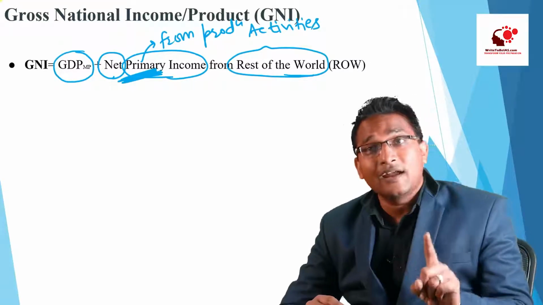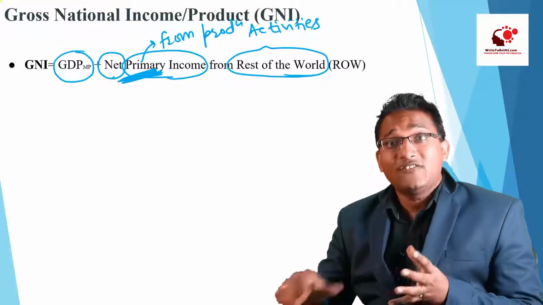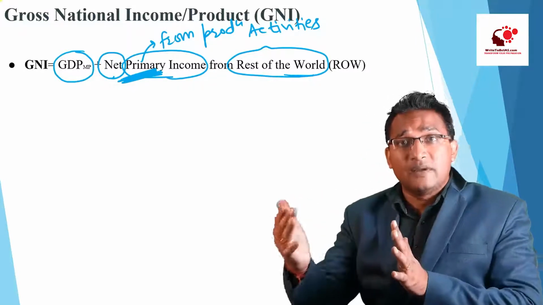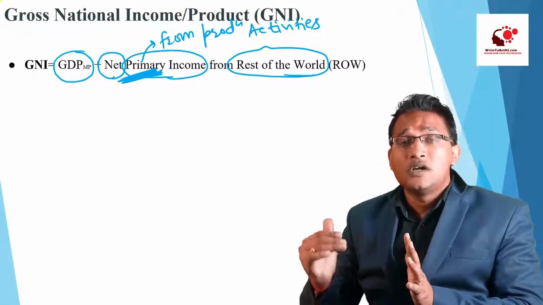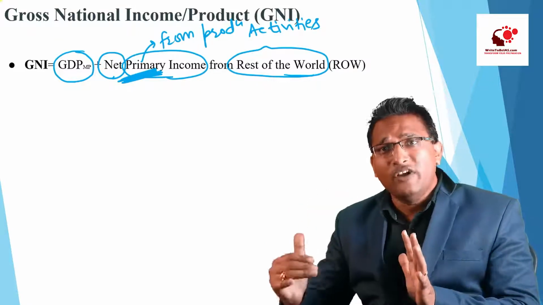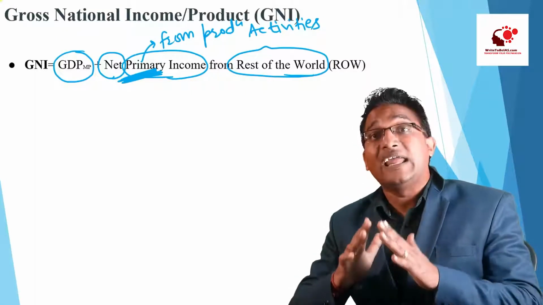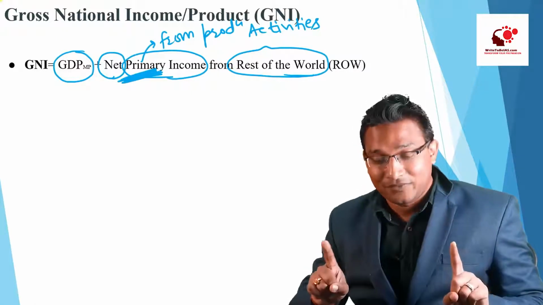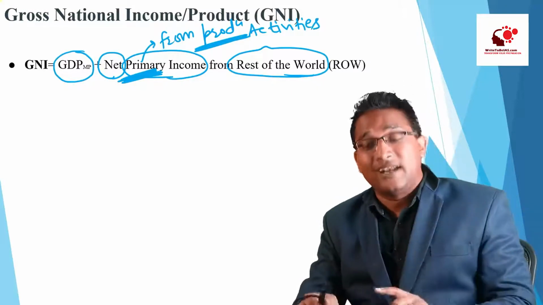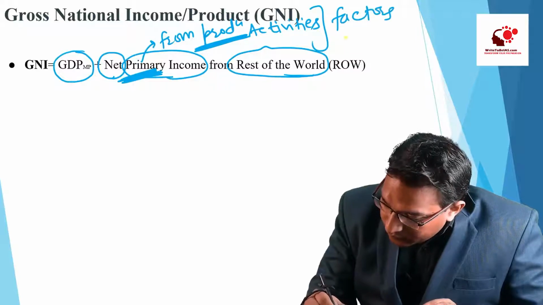If the income is because of non-production activity, for example, income coming from insurance, some kind of government subsidy or provident fund, those kinds of income are not included. That is not a primary income. So what is included? The income from the production activities, the income that is earned by the factors of production.